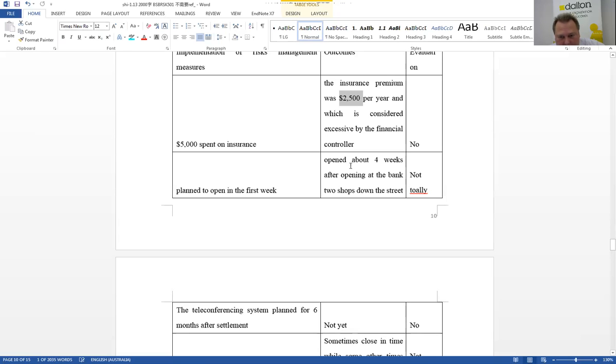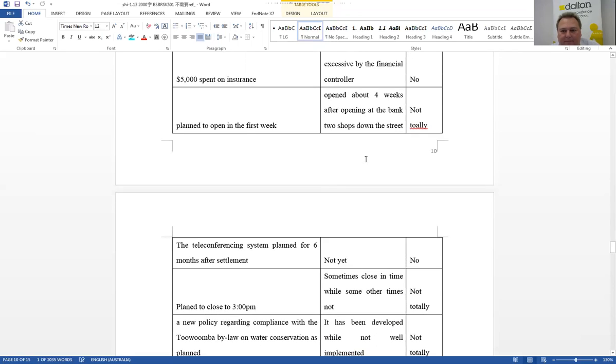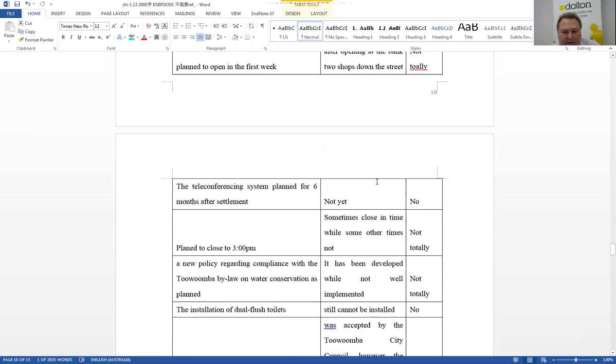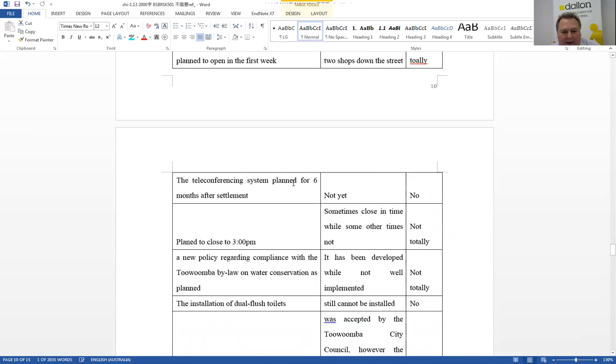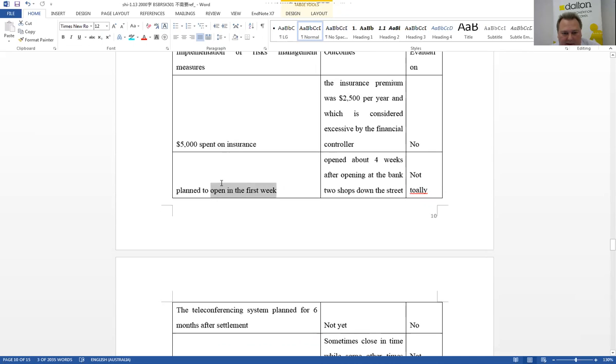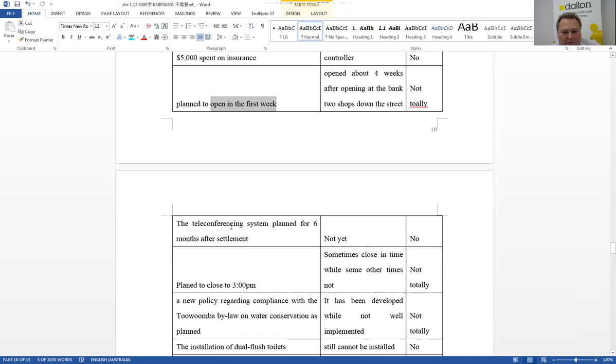So as I go down here, my implementation, I've got my plan to open in the first week. Open about 4 weeks after opening at the bank, 2 shops down the street. And that's listed in our case study as well. Don't forget evaluation. So evaluation, no, I'm not totally there. The teleconferencing system planned for 6 months after settlement. You remember all this from the task 1 case study, where the teleconferencing system was introduced because of a 2-hour commute drive from McVille's Cafe to Hurley's Cafe.